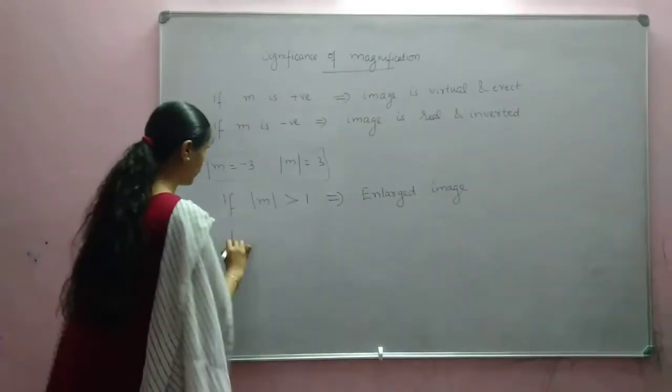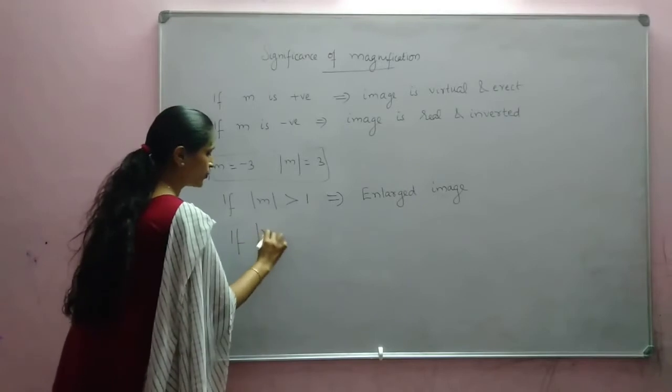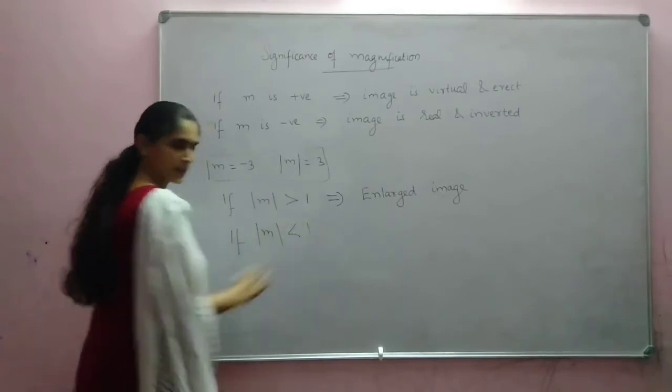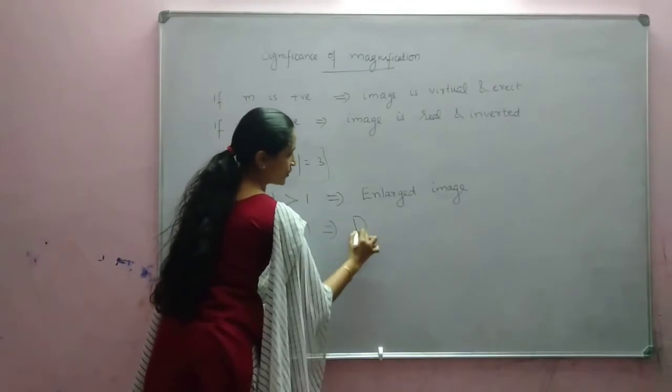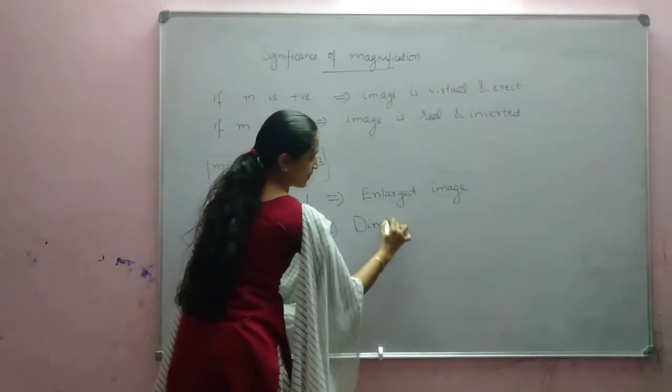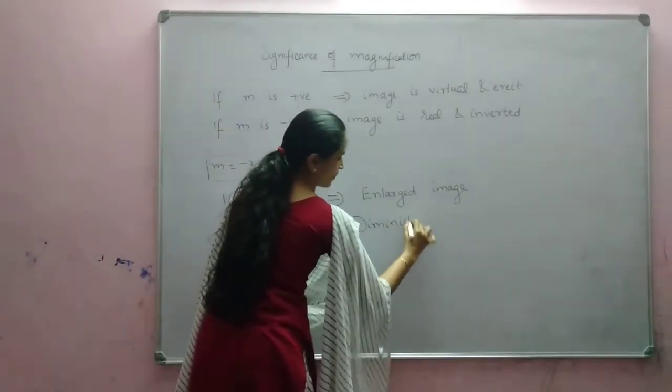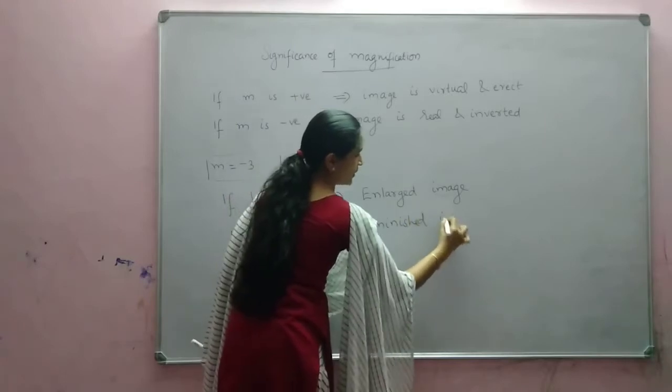And if the magnitude of m is less than 1, we can say the image is diminished.